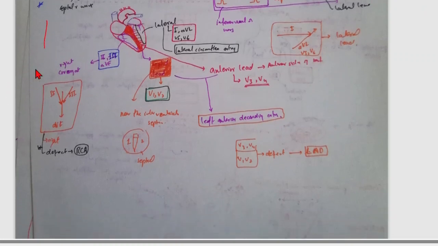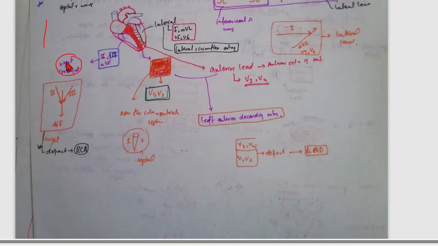Now first of all, the coronary arteries. There are two coronary arteries. One is the right coronary artery, and the other is the left coronary artery, on the anterior side, the left anterior descending artery, LAD. Okay, so lead 2, lead 3, and AVF are on the inferior side.